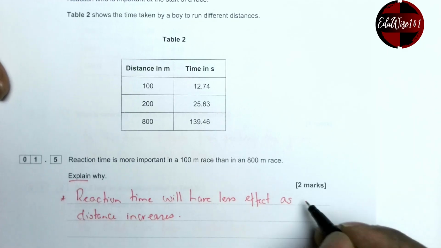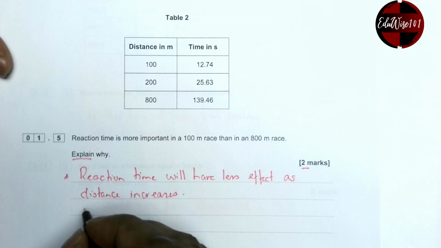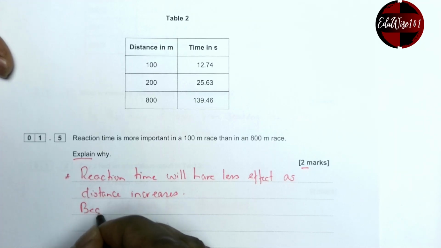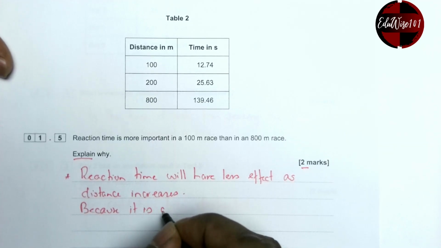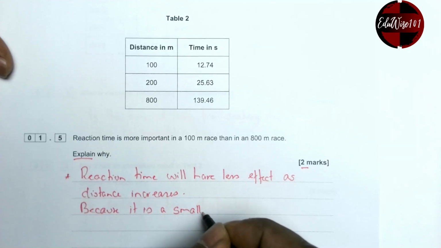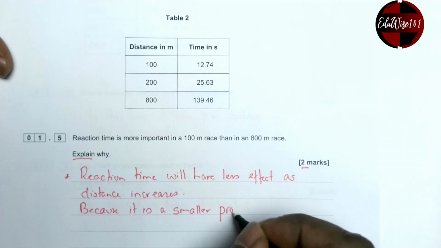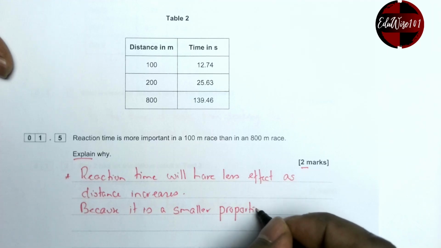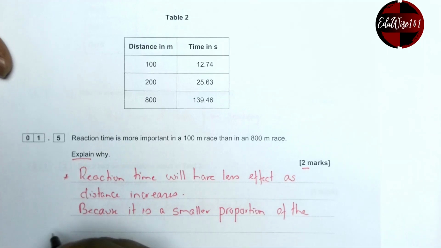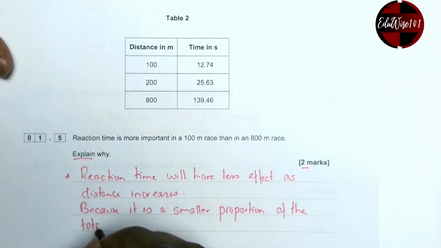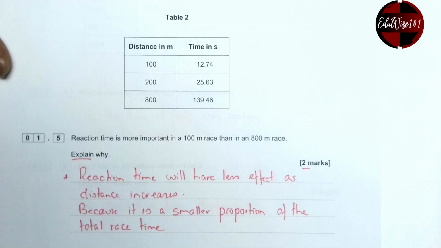Because we are trying to explain for the 2 marks, we need to expand that further, because it is a smaller proportion of the total race time.